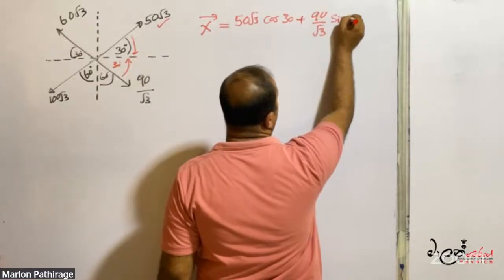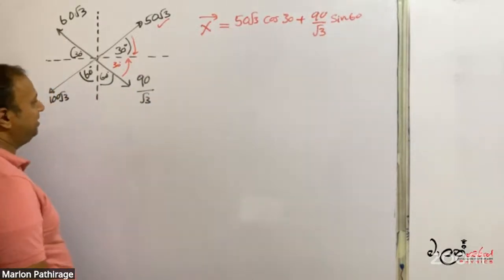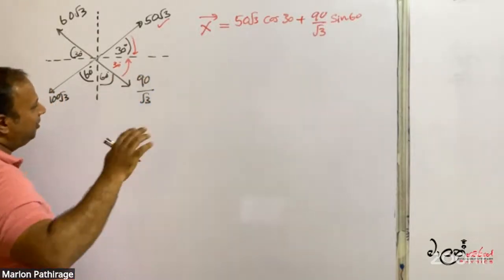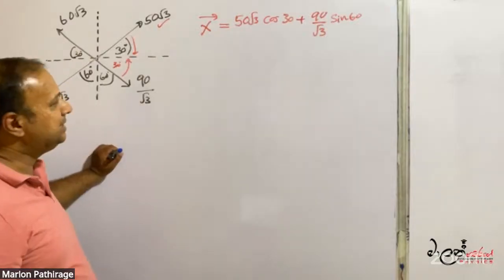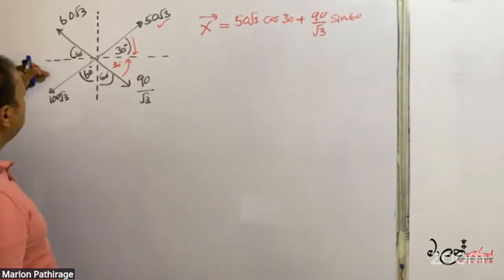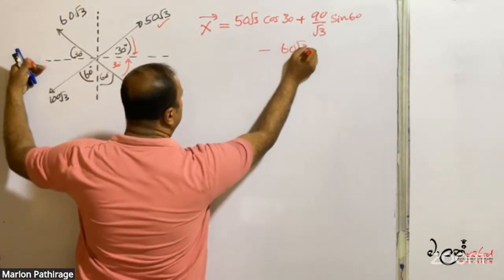Now sin 60. Because the given angle is 60, it is not to the side of the angle, therefore it will be sin 60. Then these two will be negative, therefore negative 60 root 3.